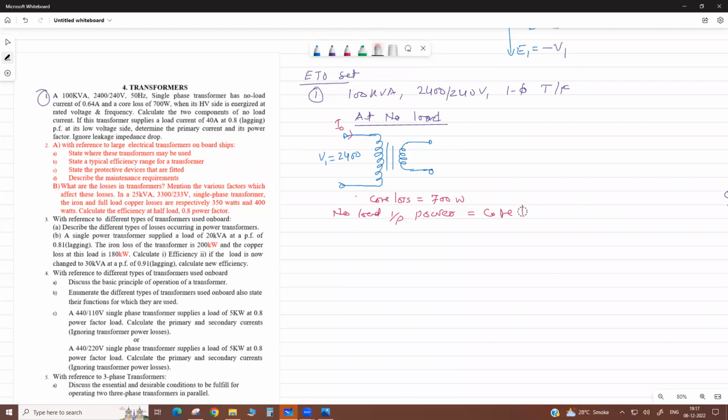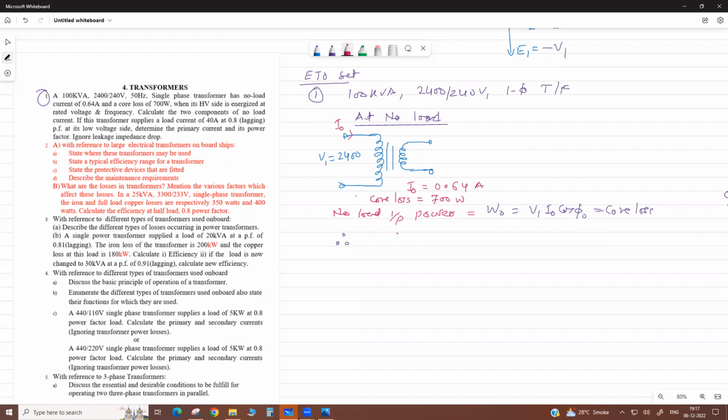No load input W naught equals V1 I naught cos phi naught, where cos phi naught is the no load power factor, and this equals the core loss or iron loss. Now the no load current I naught is given as 0.64 ampere.